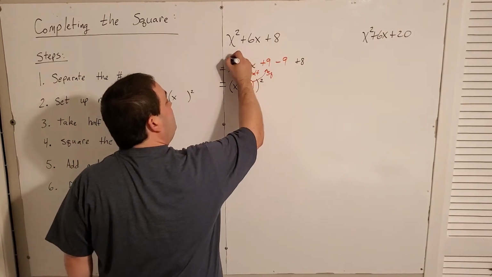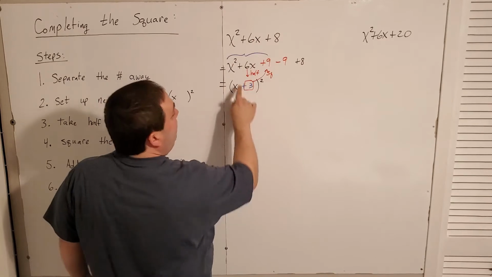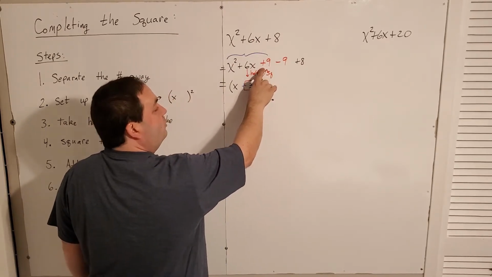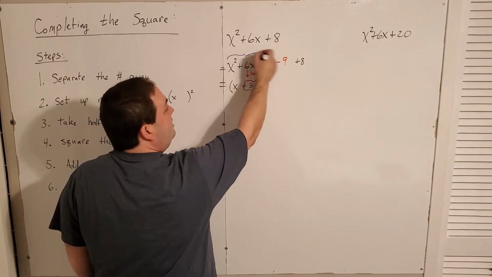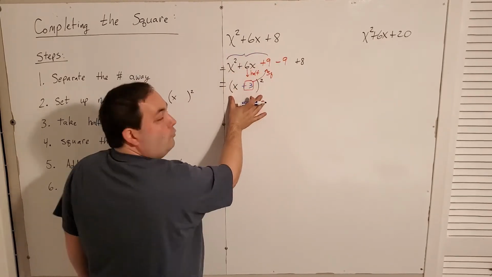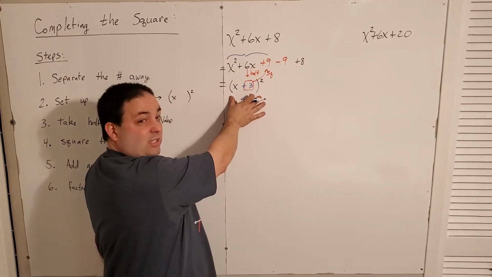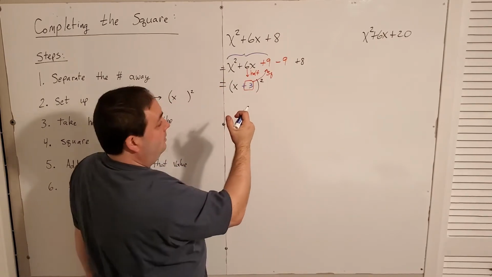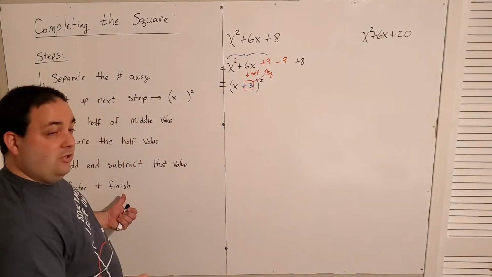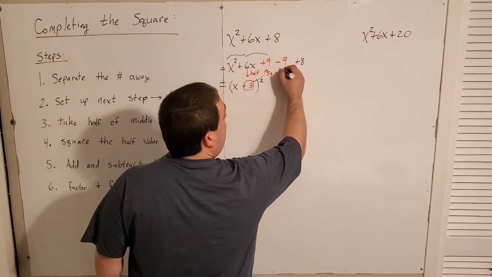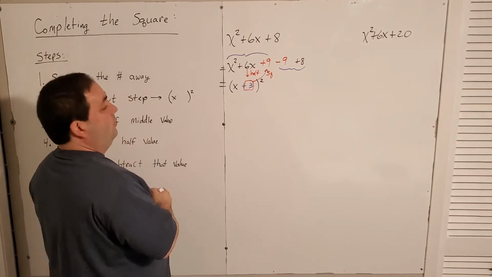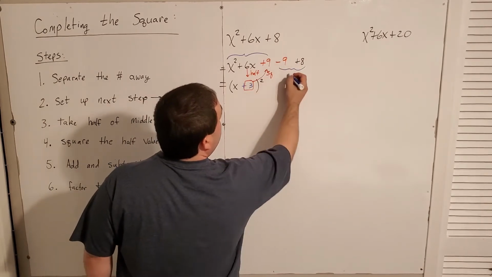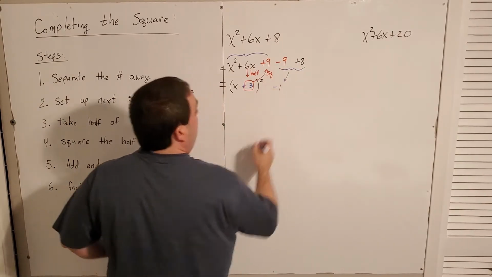If you look at these 3 pieces right here, that perfectly factors into x plus 3 squared. So these 3 pieces right here are already in the next step. It's already done. Yes. So the only thing left to do, finish up, is combine any pieces that are not in that. Okay? So negative 9 plus 8 gives me a negative 1.